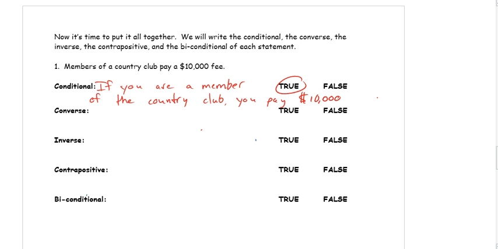The converse. Okay, we switched the hypothesis and conclusion. So we're going to say if you pay a $10,000 fee, I should say then, we need that then in there, then you are a member of the country club.